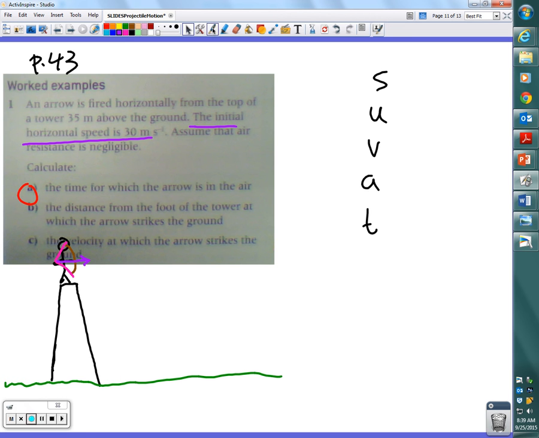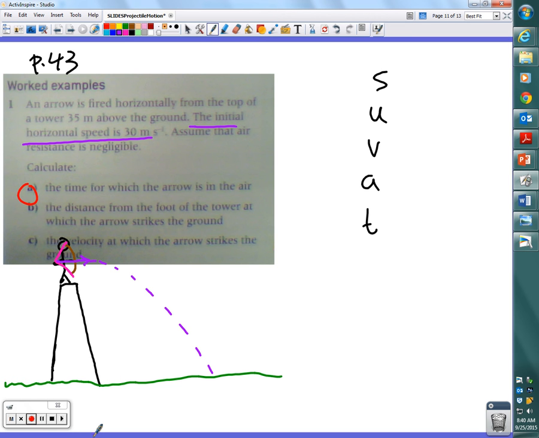It won't follow a horizontal path. It has to go horizontally and vertically, right? Gravity's going to start pulling it which way? Downward. So what shape is it going to make? A half parabola, like this. Because that horizontal motion continues as gravity is pulling it down to the ground. Good there? So this is the setup of our problem.